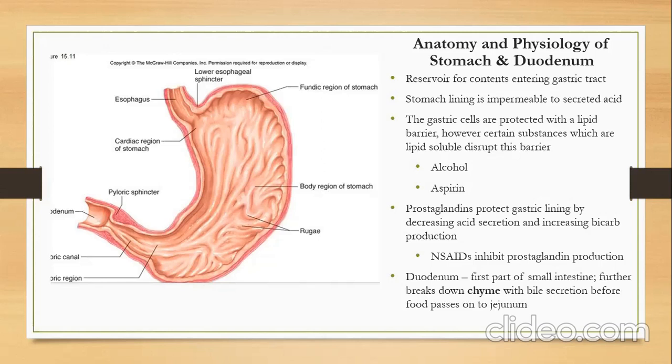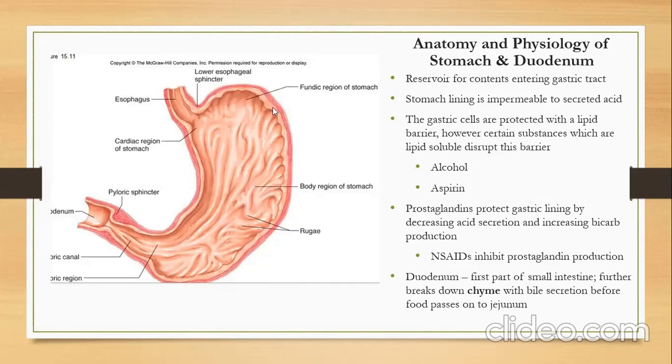Okay, so the duodenum. It got cut off here, but if you see my arrow, it's right here. So you have your esophagus, you have your LES, the lower esophageal sphincter, that valve that lets the food pass from esophagus to stomach. You have the stomach.